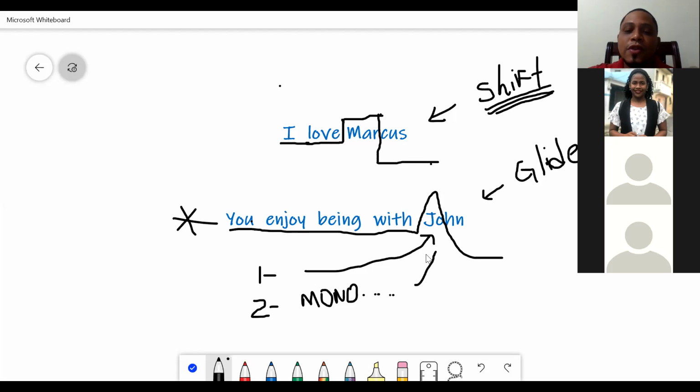When the last content word is the last word in the sentence and this word is monosyllable, that's when you use glide. If it doesn't meet these two principles, then it wouldn't be a glide. Then you will have to use a shift.